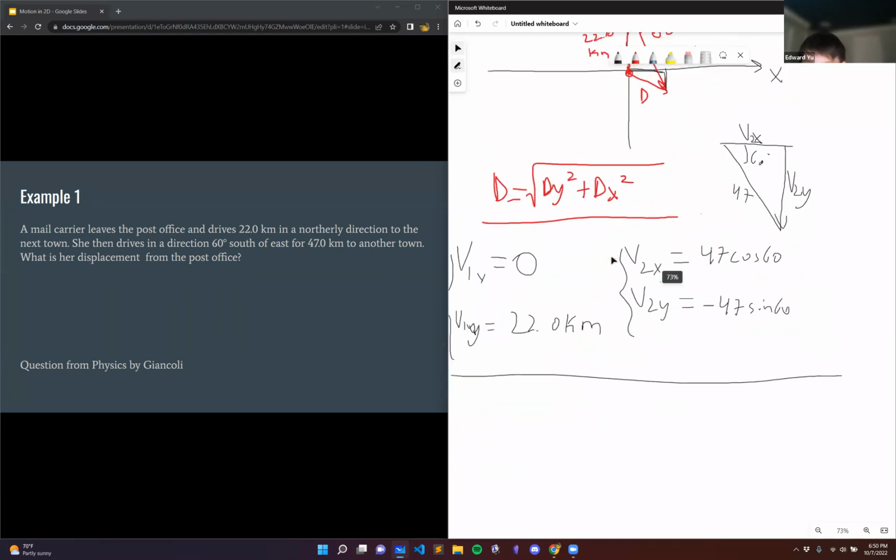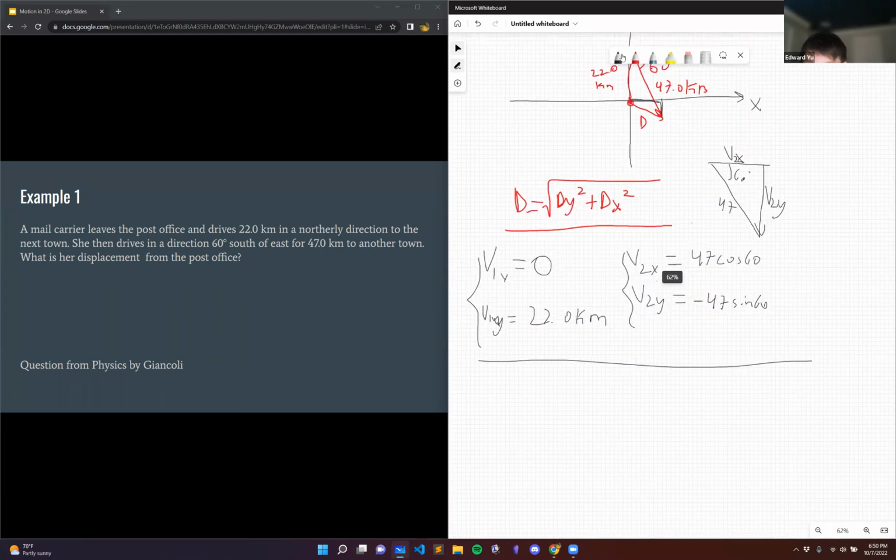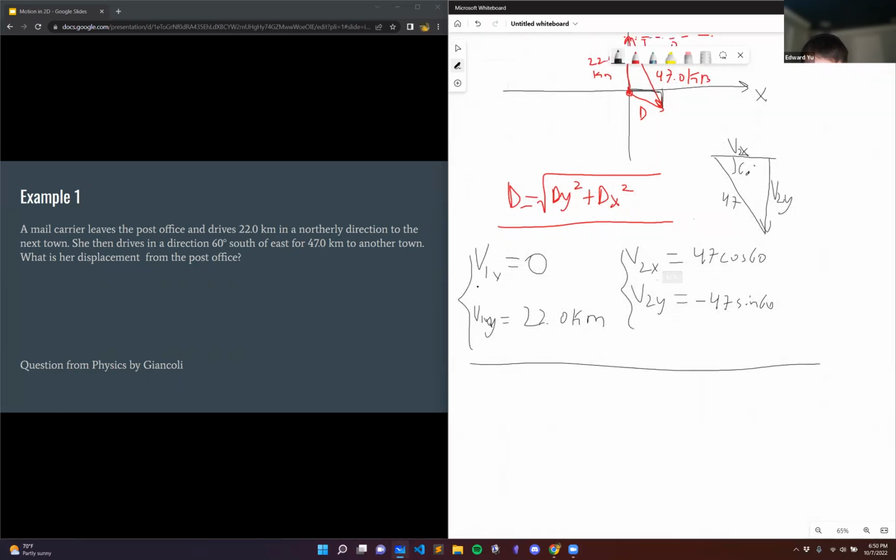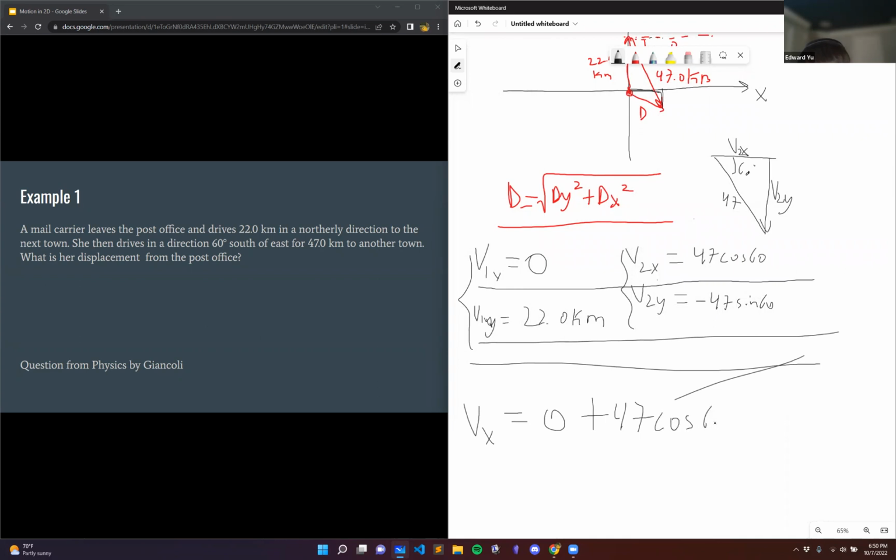Now to find the components of the last vector, you would need to add the two x components and add the two y components. So Vx of this vector would equal 0 plus 47 cosine 60, and Vy is equal to 22 minus 47 sine 60.